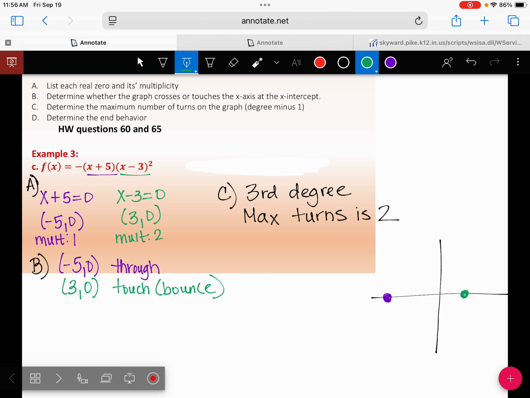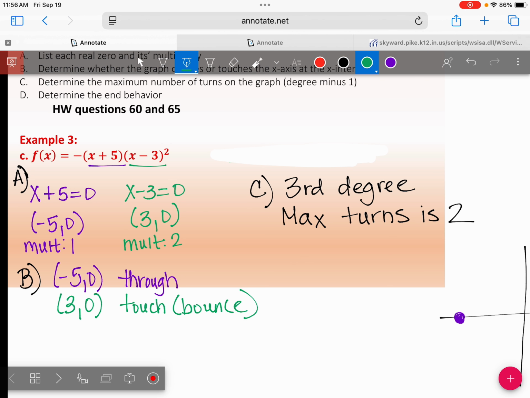Now, does this have a negative or a positive leading coefficient? Does everyone see how this one starts with a negative? So because we have a negative leading coefficient, the right side goes down.